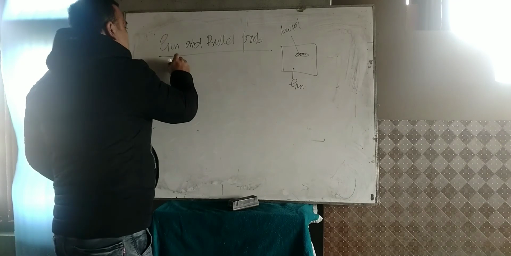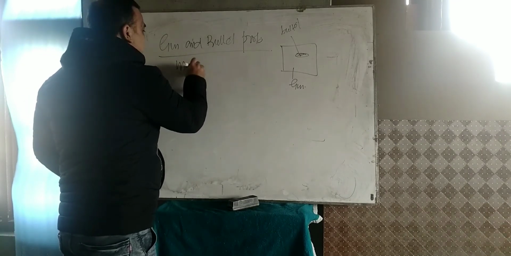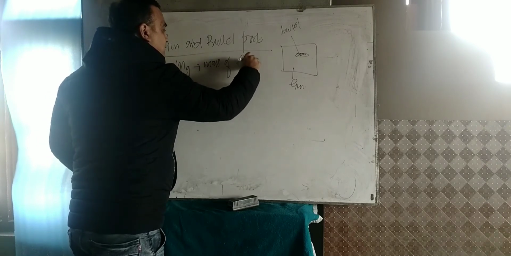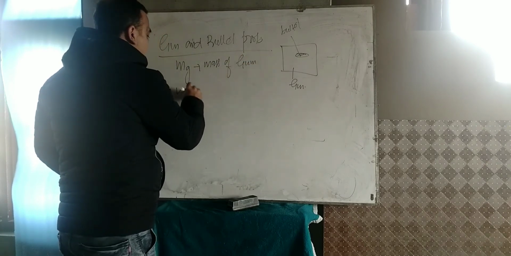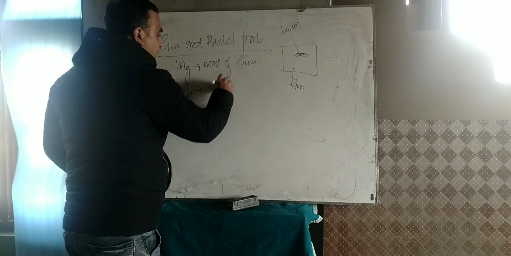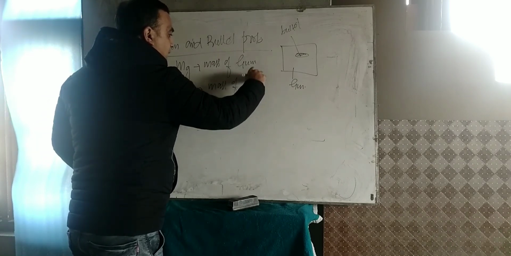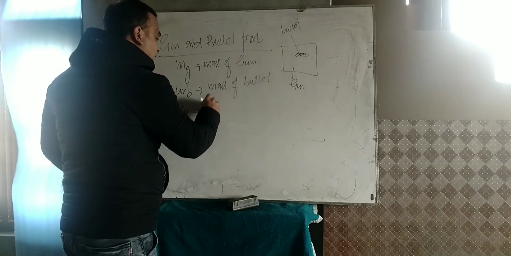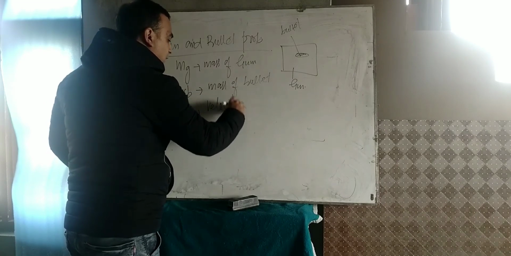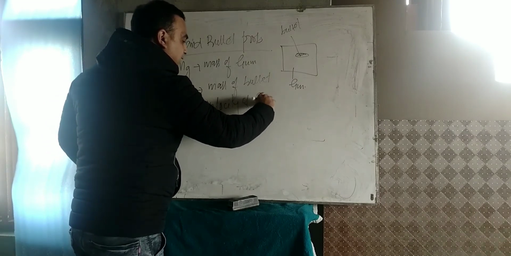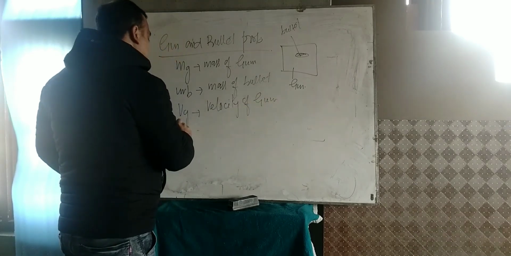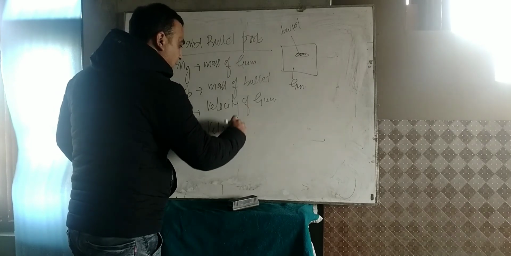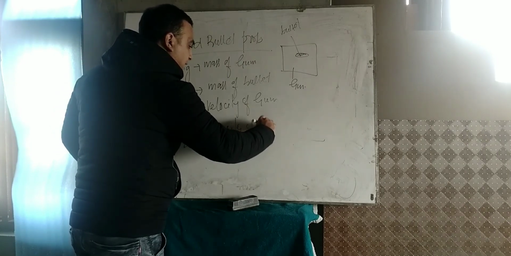Let me assume that mg is the mass of the gun, mb is the mass of the bullet, Vg is the velocity of the gun, and Vb is the velocity of the bullet.